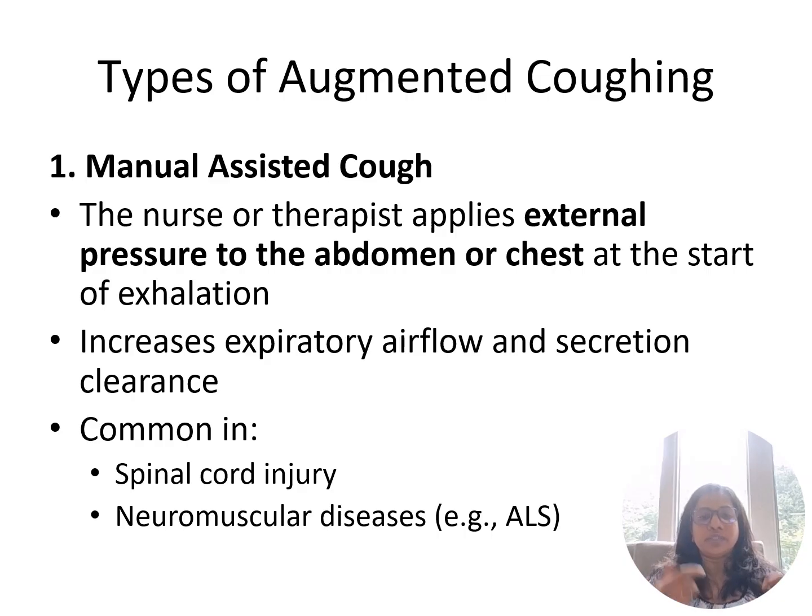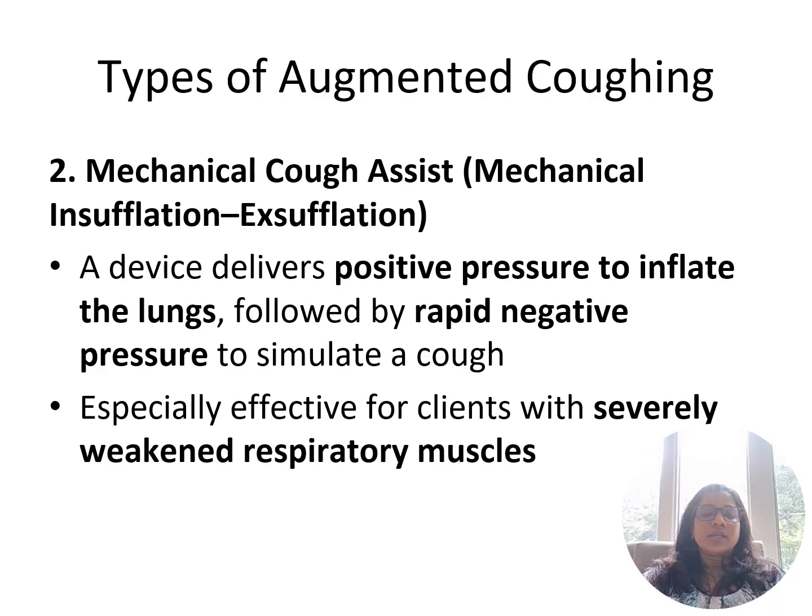When they expire, we just give compressions or pressures on the chest wall. There are also mechanical cough assist machines, which also deliver positive pressure to inflate the lungs, followed by negative pressure, which would stimulate the cough. So these are machines, but you can also do it two ways, either manually or using a machine.